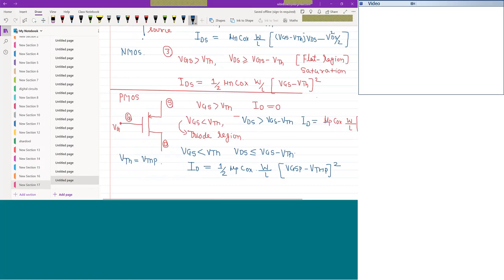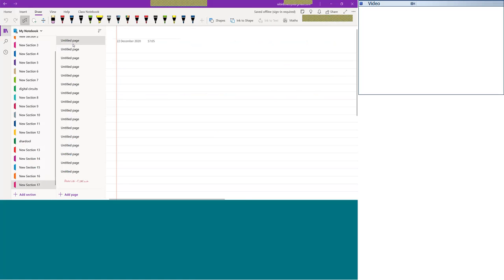हम एग्जाम्पल लेते हैं कुछ और, लेट्स ट्राई दिस प्रॉब्लम्स. Let's take example to understand NMOS and PMOS. Example number 1. And what this example is saying, I have a 2.5 volt source.